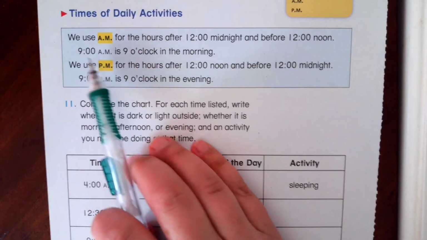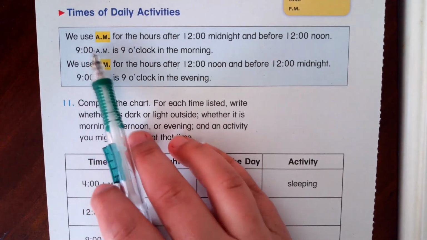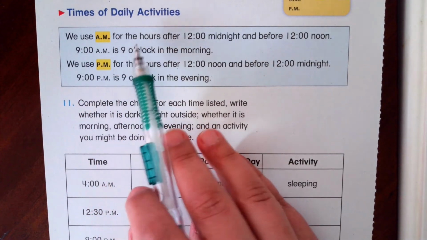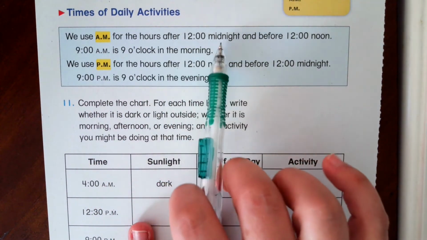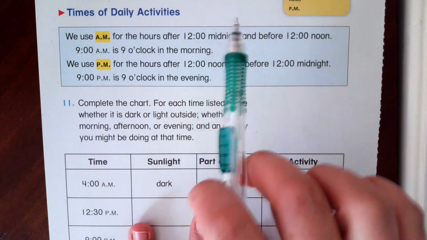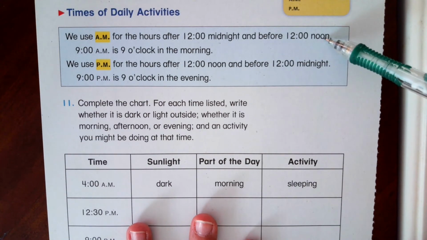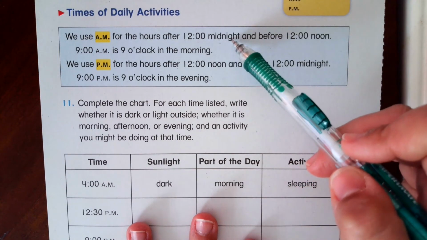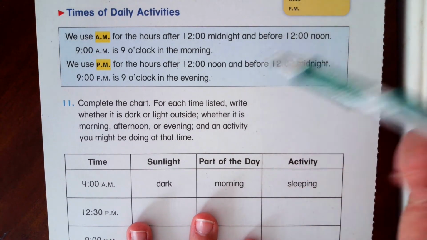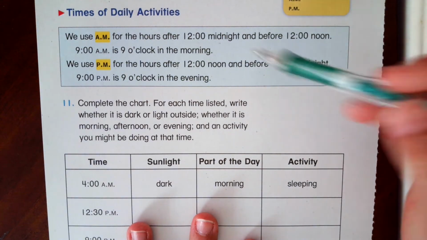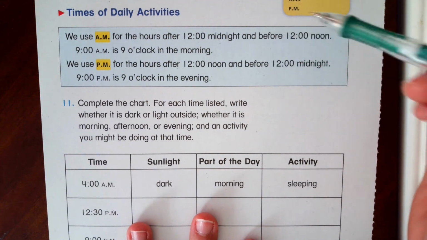In the blue box, it says we use AM for the hours after 12 midnight. So once it's midnight until 12 noon. So at 12 midnight, you're asleep. Then you wake up, maybe around 7 a.m. We start school around 9.